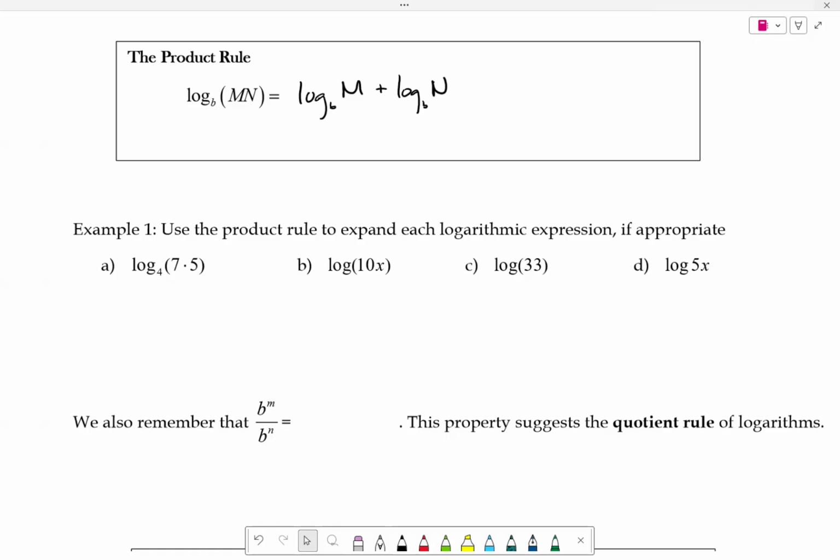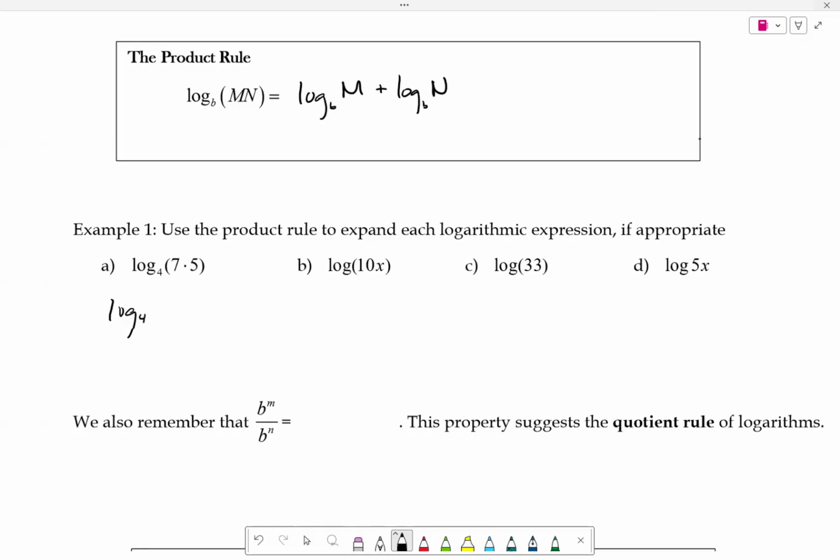Well, let's see. Oh, it's so nice waiting for someone else. Karen, were you able to do anything with that first one? Okay, so you made it. I'm sorry, I can't hear. Log base 4 of. Oh, you added 7 plus 5? Oh, okay.